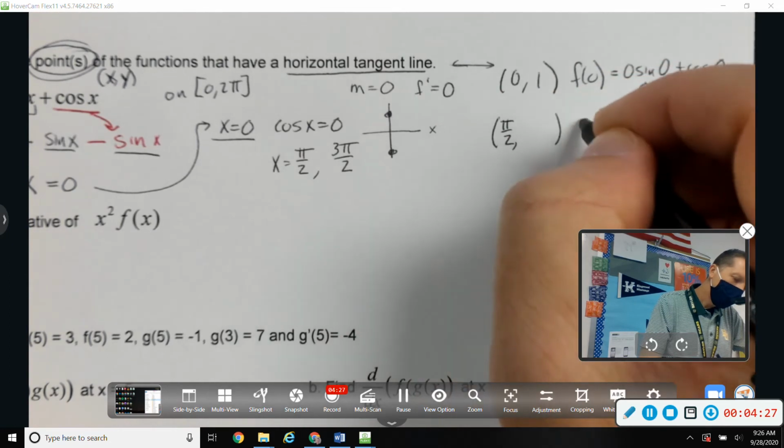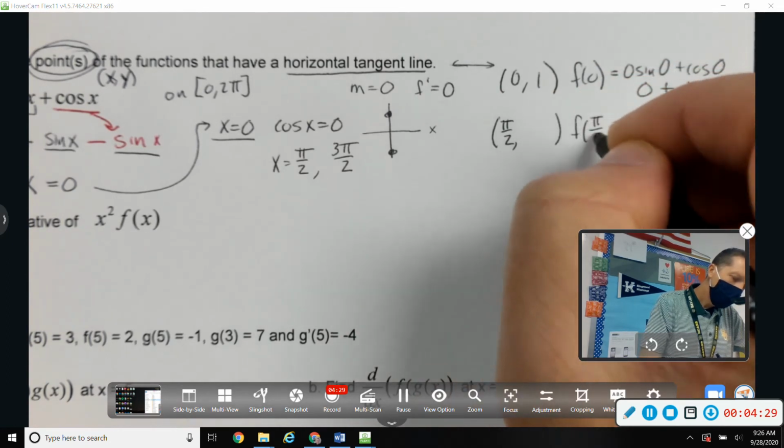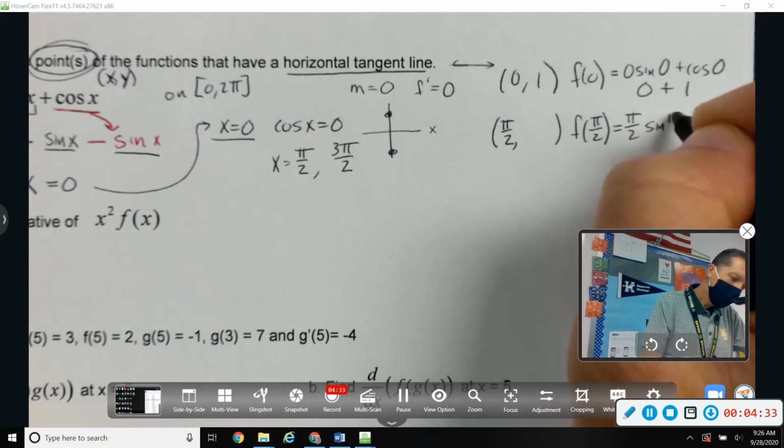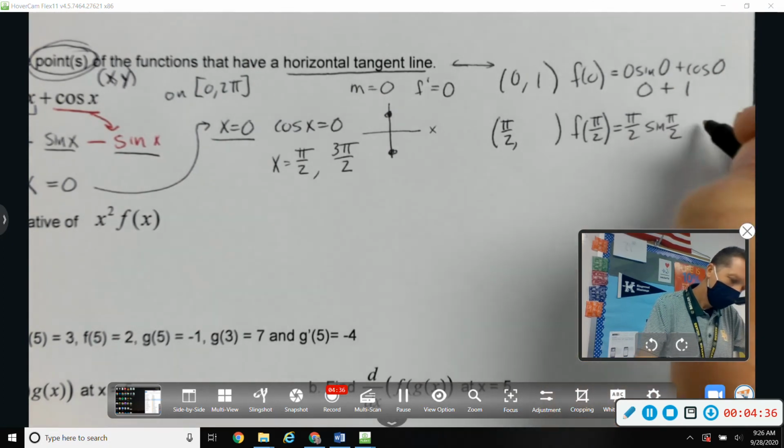At pi over 2, f of pi over 2 would be pi over 2 sine pi over 2 plus cosine pi over 2.